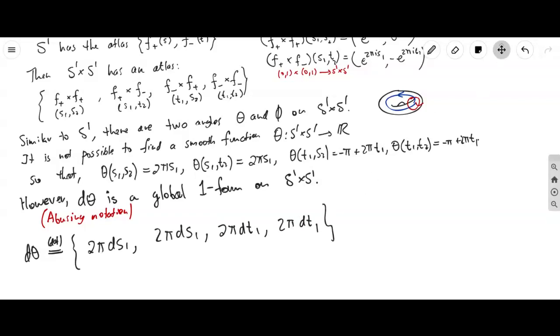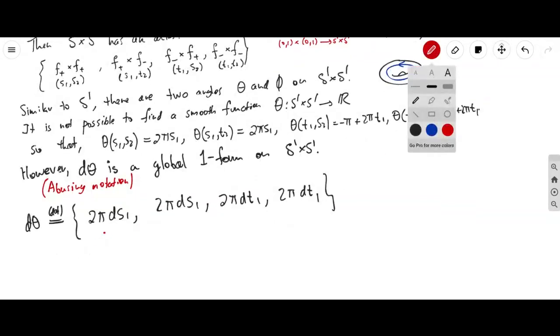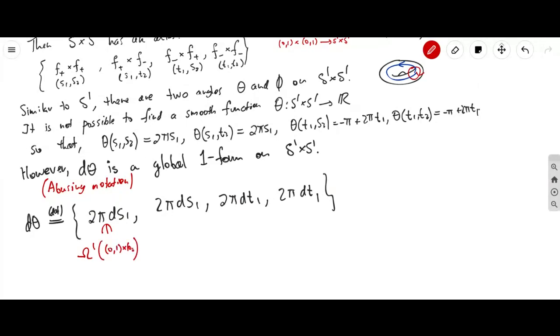And this is a one form on the open square, because that's the chart. This one is a one form on this open square, and so on. They just have different corresponding coordinates.